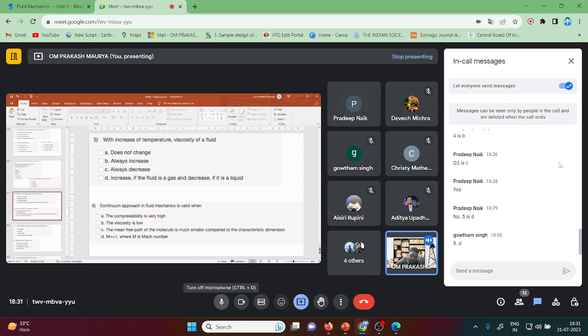It means the viscosity also decreases in the case of a liquid as temperature increases.